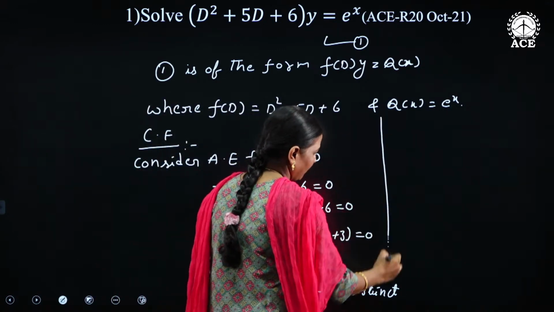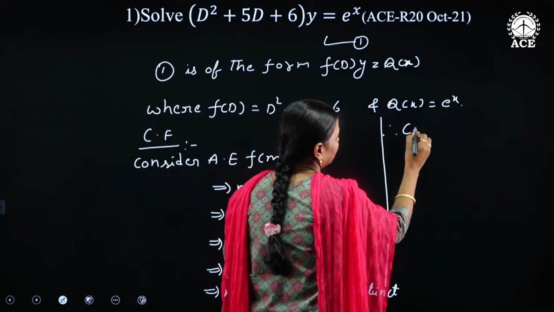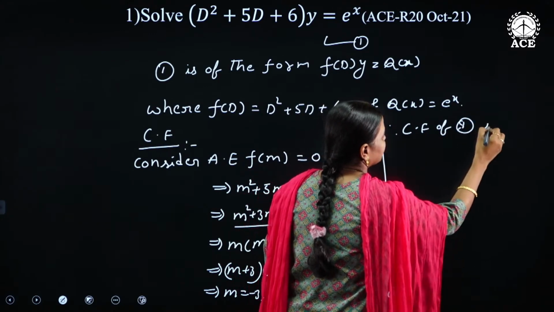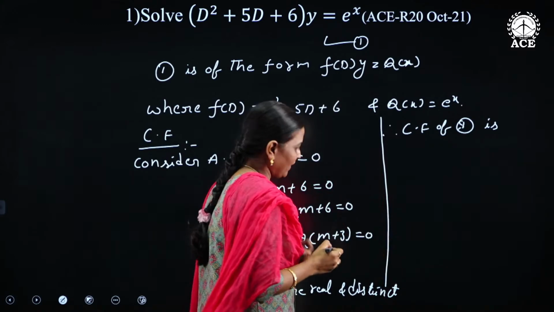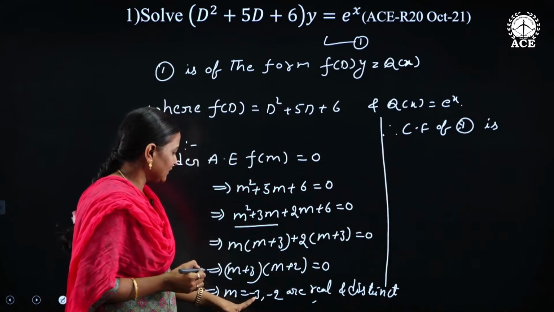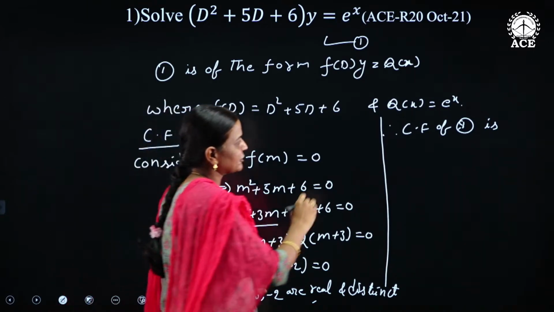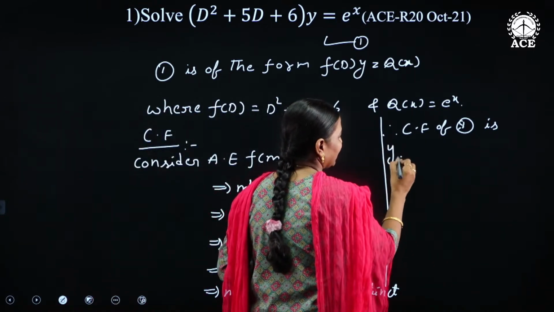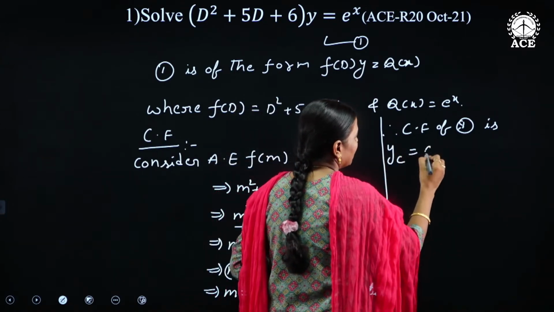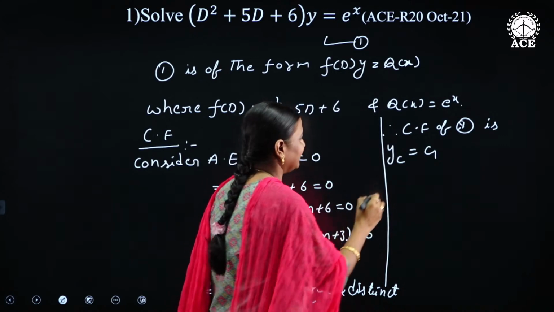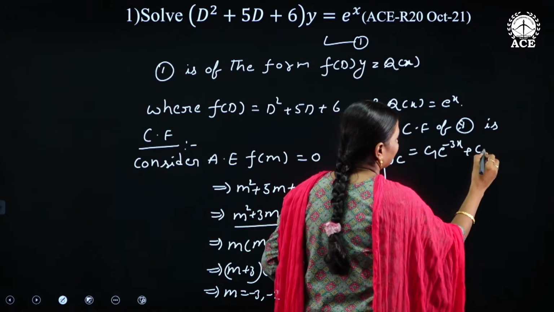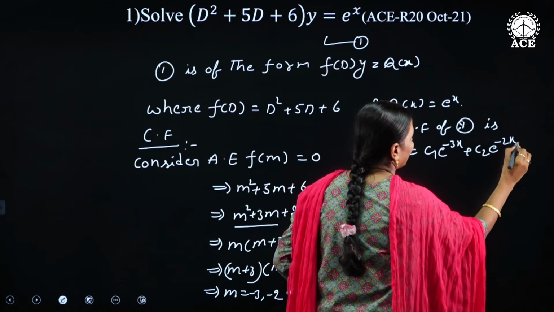Therefore, the complementary function of equation 1, when the roots are real and distinct, and the roots are -3, -2, is written as y_c. So y_c = c1 e^(-3x) + c2 e^(-2x).